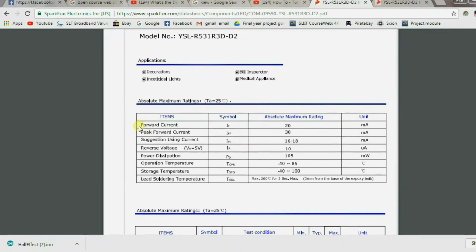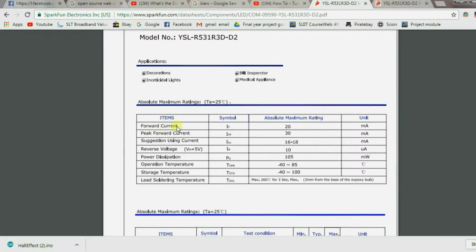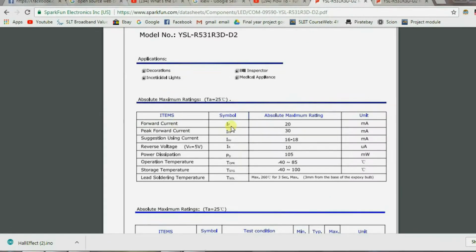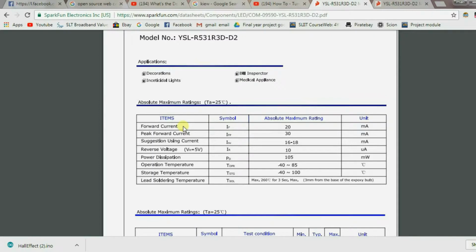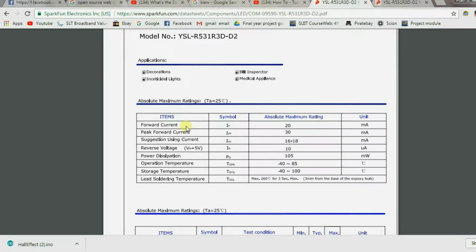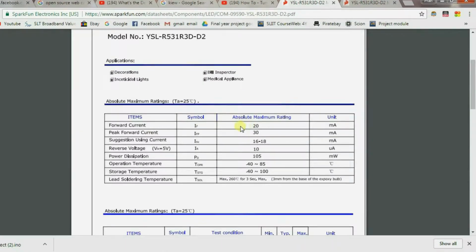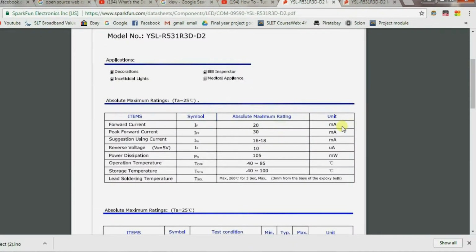They have first provided the forward current. As you know, the LED is basically a diode. LED stands for light emitting diode. So it can only flow current in one direction, which is the forward current. So the absolute maximum rating is 20 milliamperes, and you should not exceed this value.